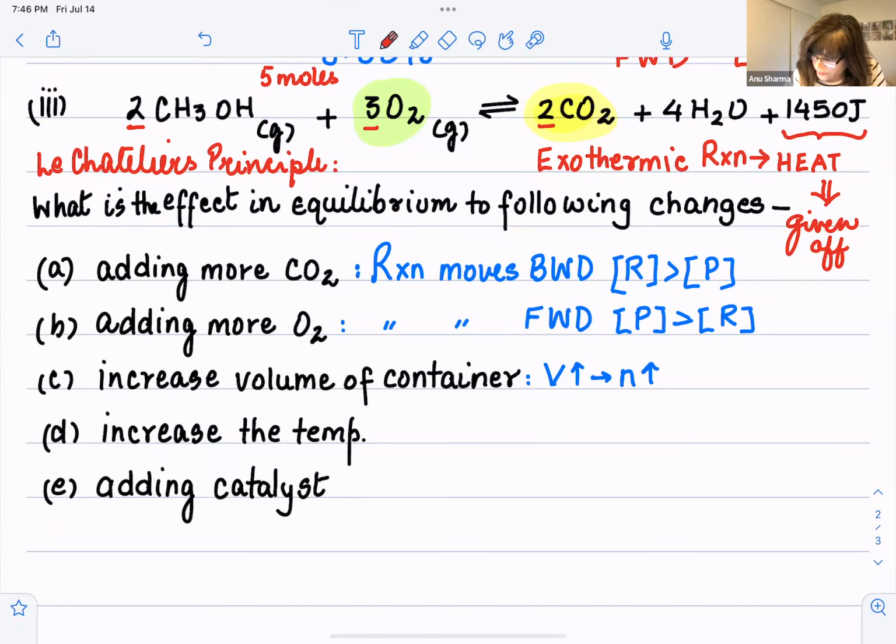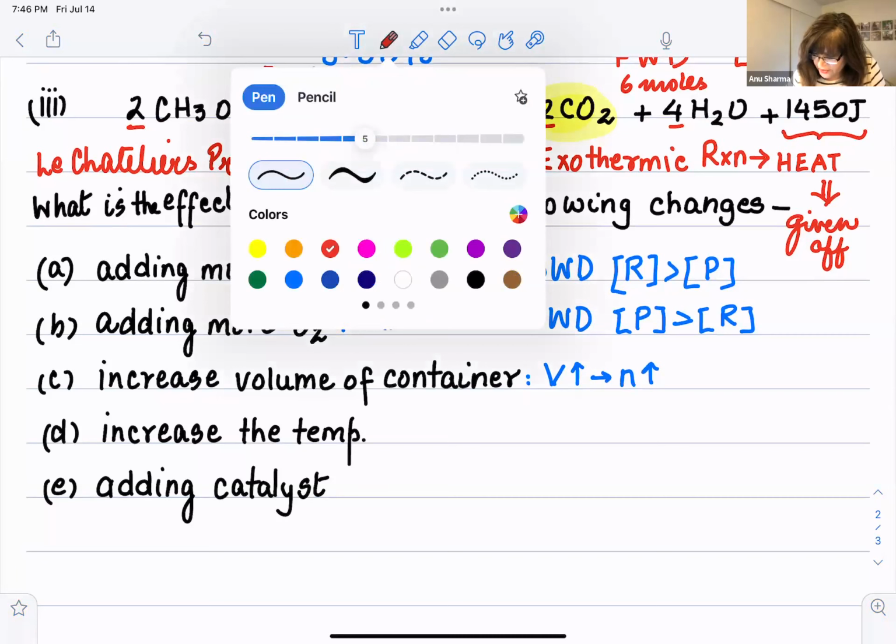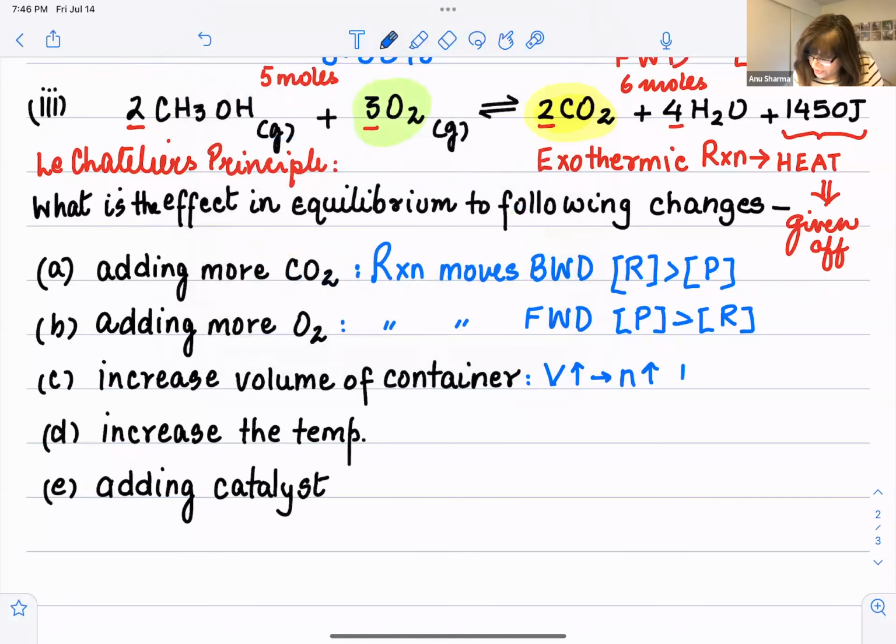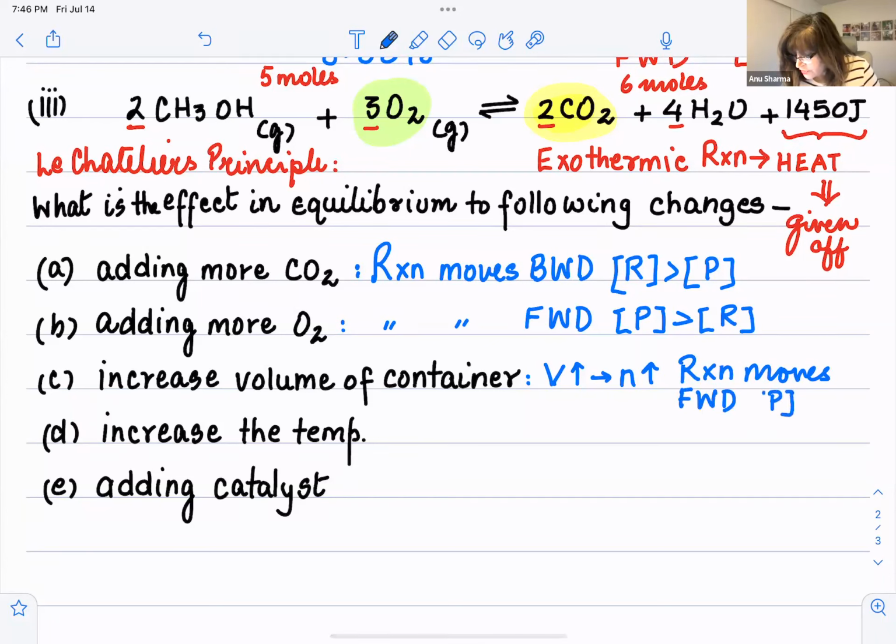And here you have 2 plus 4, and that is equal to 6 moles. So which side has more moles? Towards the product side. So in this case, the reaction moves forward. And when the reaction moves forward, that means there are more products. The concentration of the products is more than the concentration of the reactants.